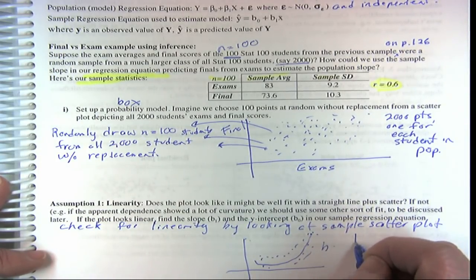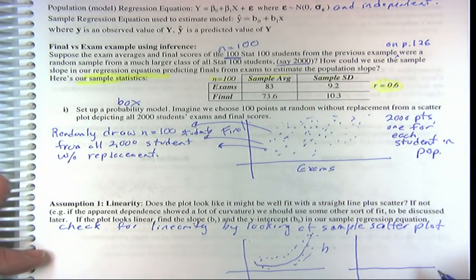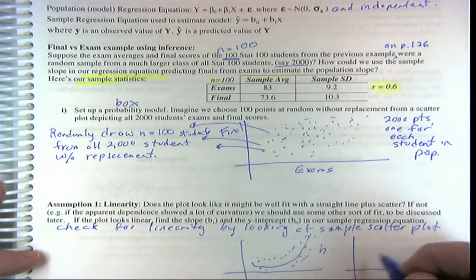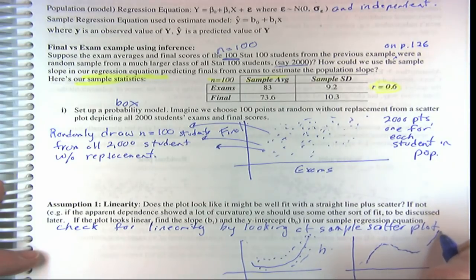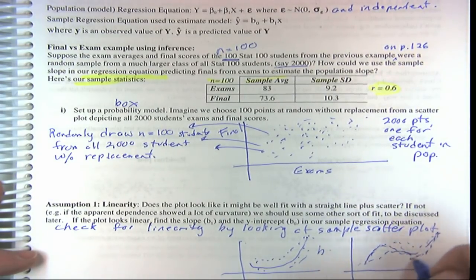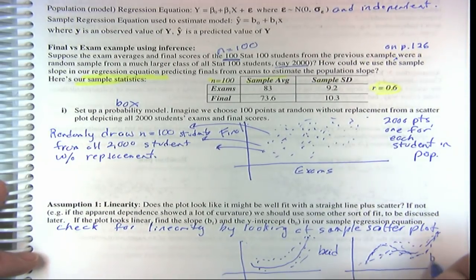Or it would be terrible if there was a negative correlation. Maybe there was a steep part here, like people who did really badly on the first were improving a lot, but then the middle students somehow did worse, and then these students did better. I don't know if I'd see something like that, but that would also be bad.